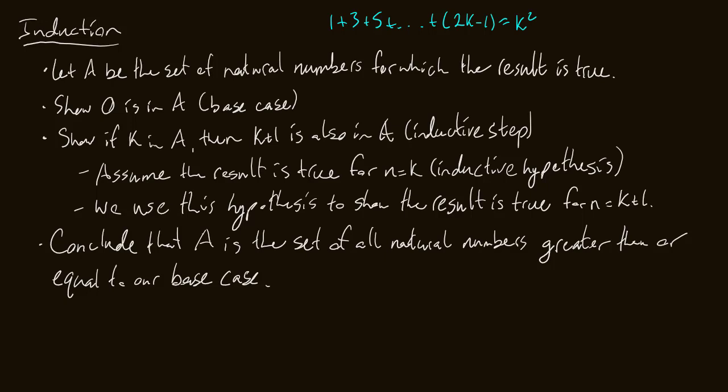So let's rewrite what we have: 1 plus 3 plus 5 plus ... plus 2n minus 1 is equal to n squared. So basically, I'm saying that the sum of the first n positive odd integers is equal to n squared, right?